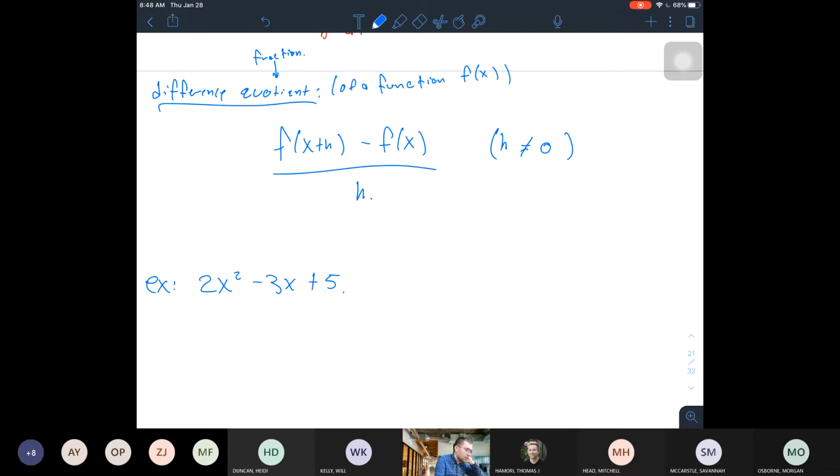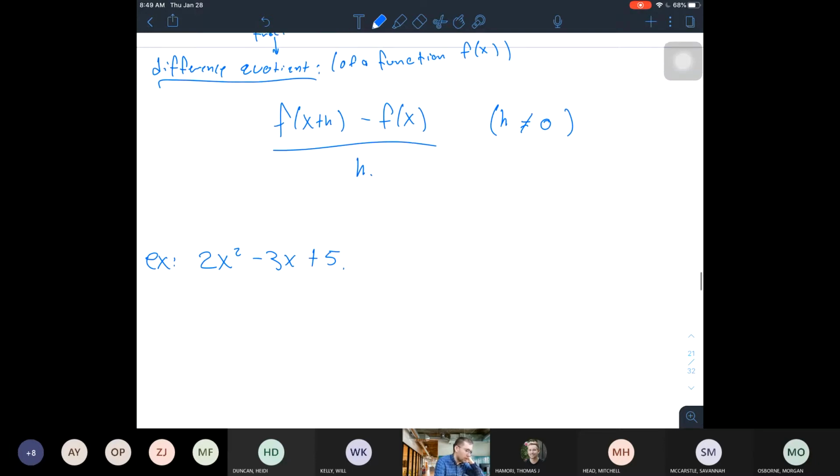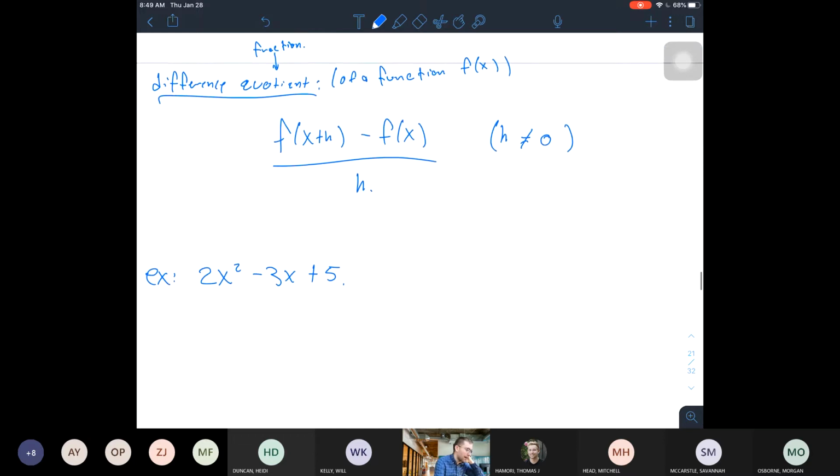Okay, so h is typically just some number, but we write h because we want to be able to plug in any number that we want. In calculus, we're often interested in plugging in the number 0, for example.